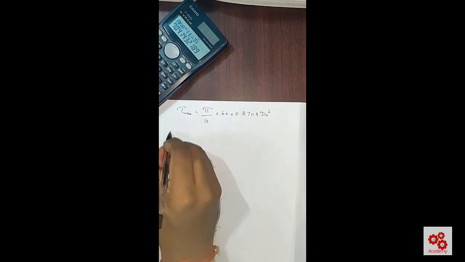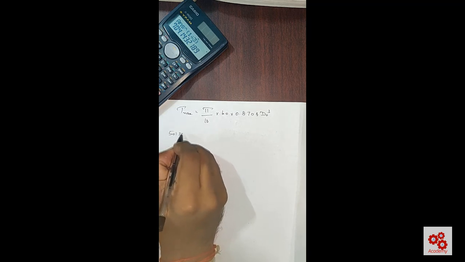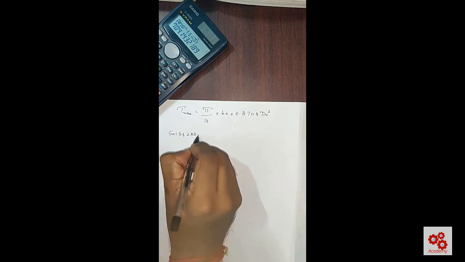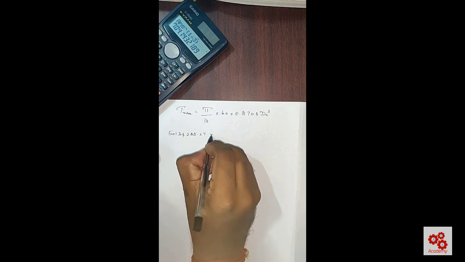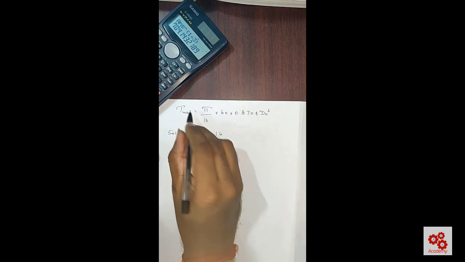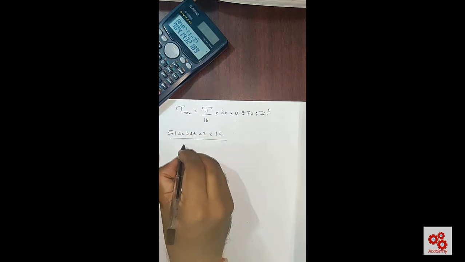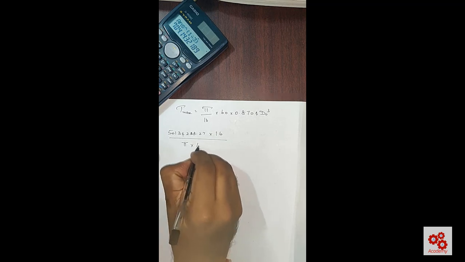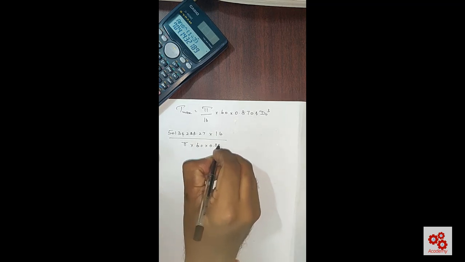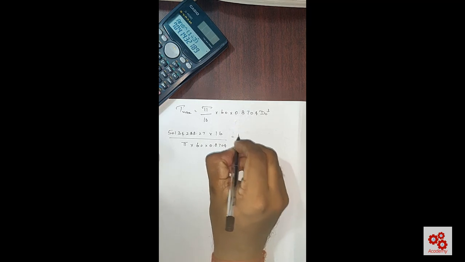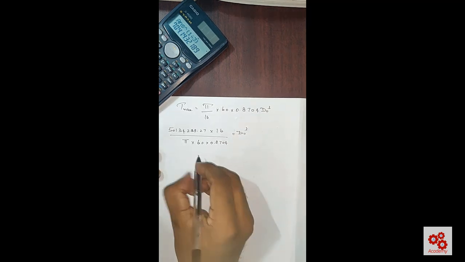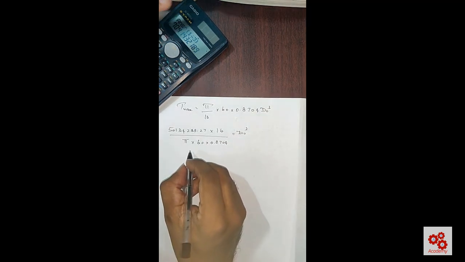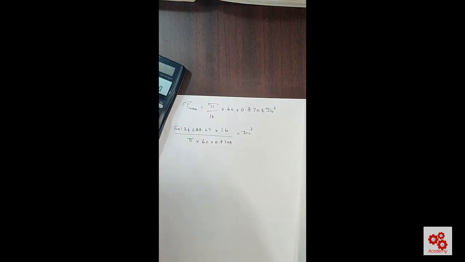T maximum value is 50134288.27 into 16, we bring the 16 down, divided by pi into 60 into 0.8704, keeping d cube on the other side.